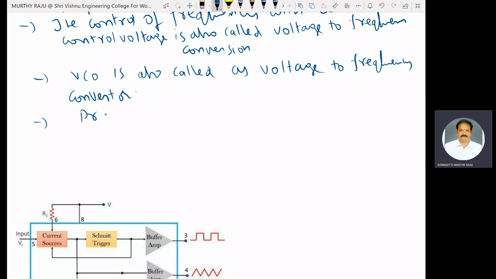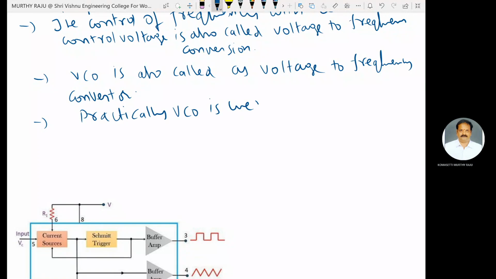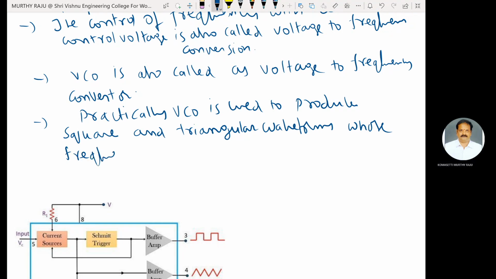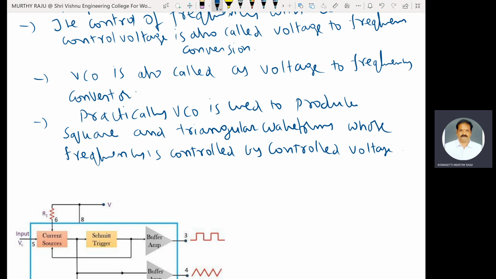Generally, practically, a VCO is used to produce square and triangular waveforms whose frequency is controlled by the control voltage. These are some important points.